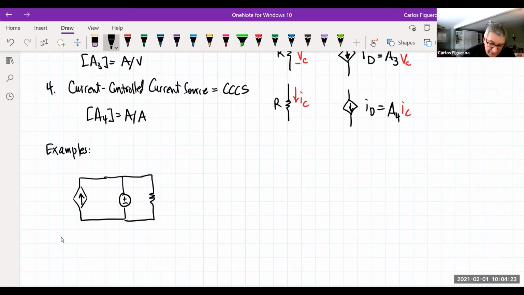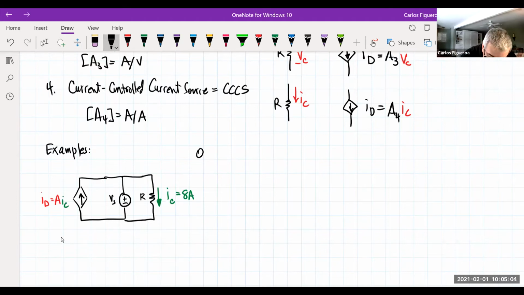And what you're seeing here is that I have some resistor, I have some voltage source. And this guy is a dependent current source, and it's going to depend on some gain A, where this is a current controlled current source, and the controlling current is this current IC. Now, if I look at this IC here, I'm going to say that this guy is 8 amps. How did I come up with those values? They're arbitrary.